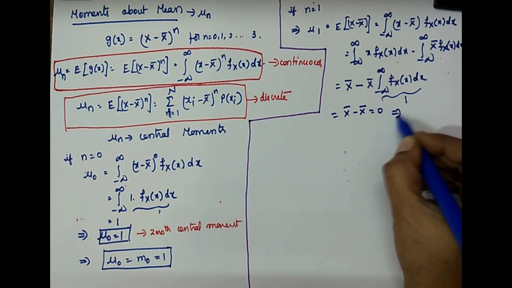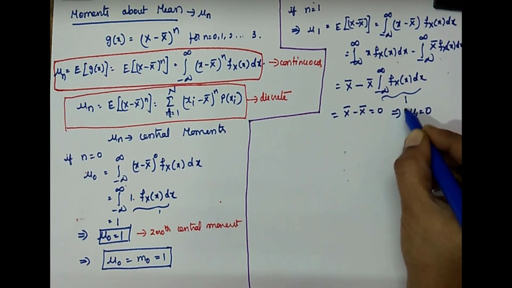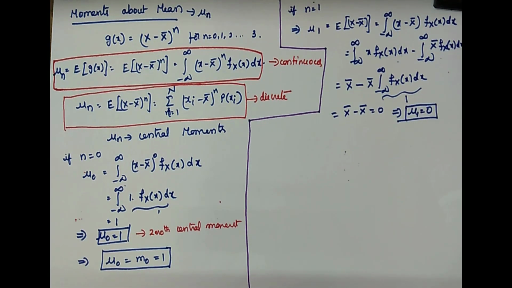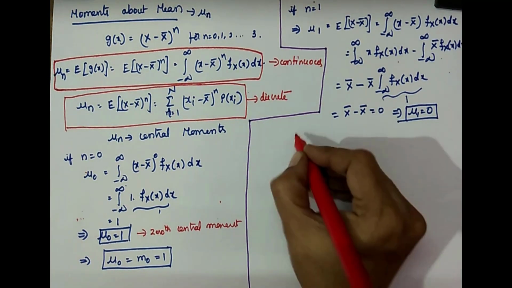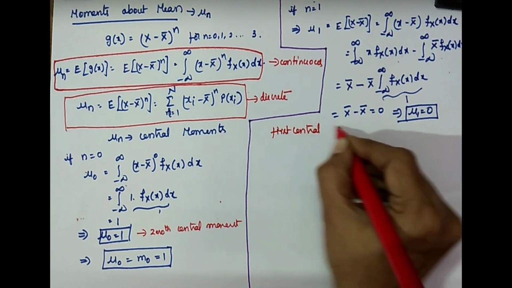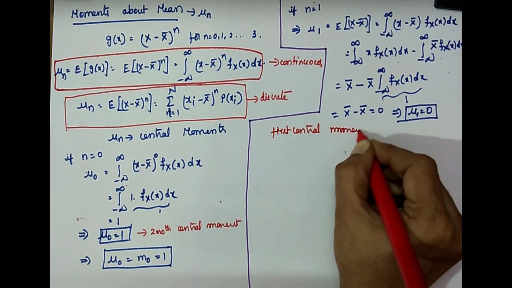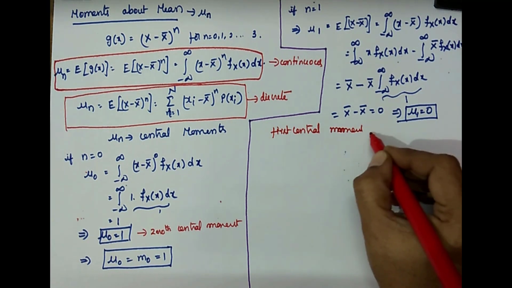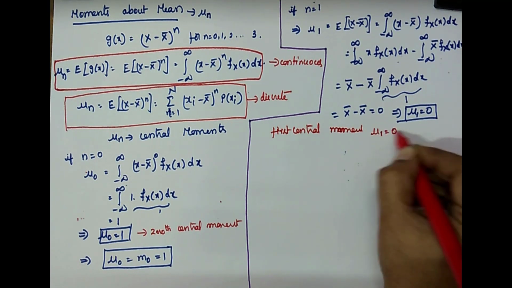Okay, so it implies mu 1 is equal to 0. Hence, the first central moment of x is always equal to 0. Okay, first central moment, mu 1 is 0.